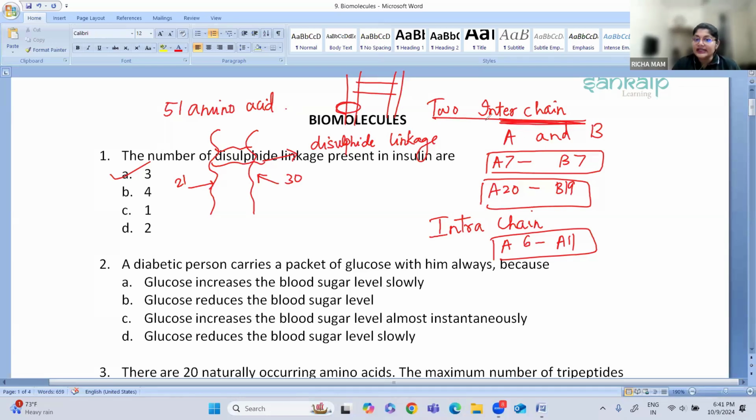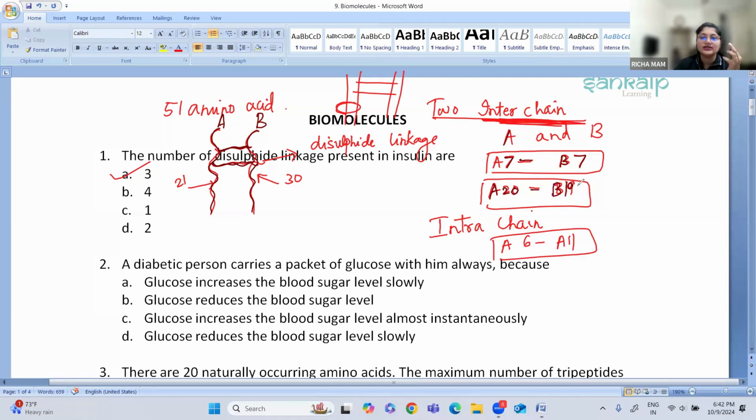Interchain means between two different chains. This is one polypeptide chain and this is another polypeptide chain, A and B. To hold these two chains, there are two interchain disulfide linkages present: A7 to B7, and another A20 to B19.